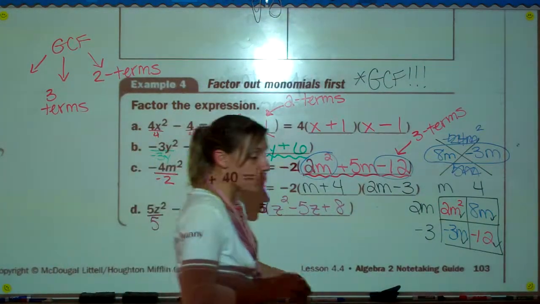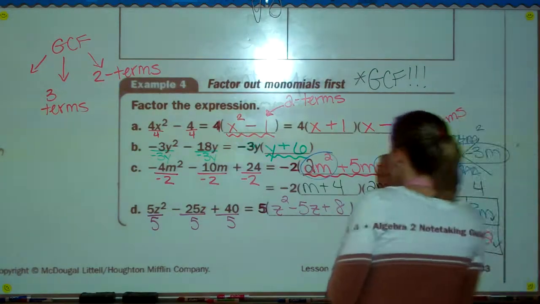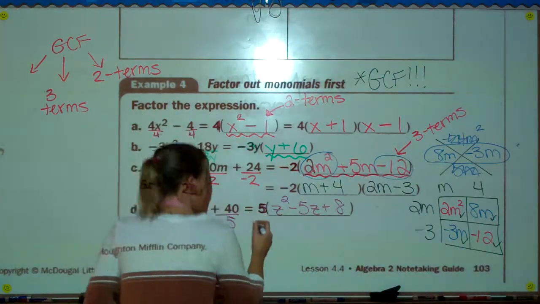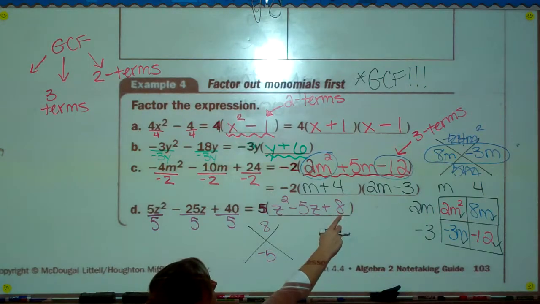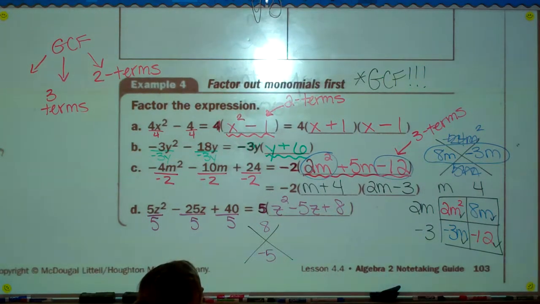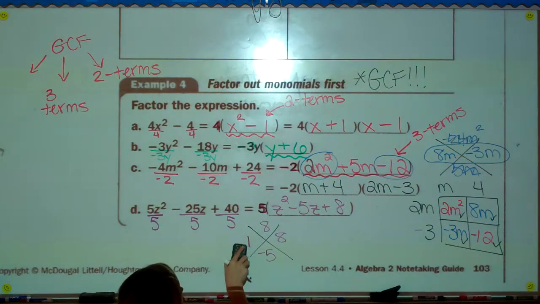If you go to a basic trinomial, you just make your x. And what multiplies to 8 and adds to negative 5? This is where we just do the end and the middle. Well, there's only 2 factors, 1 and 8. Even if you make them negative, they don't add to negative 5.